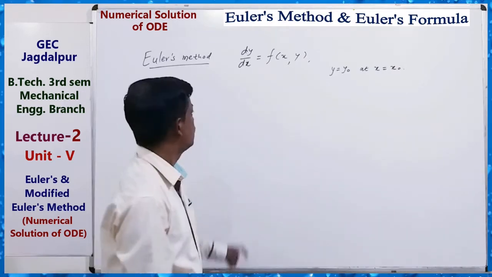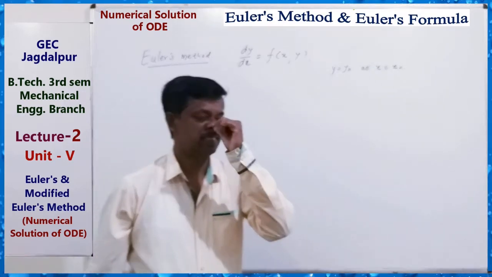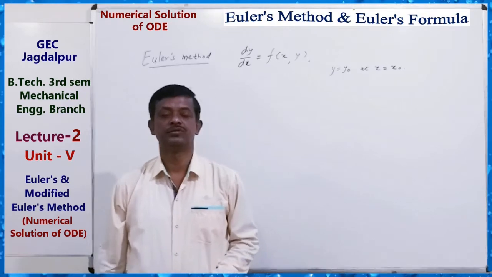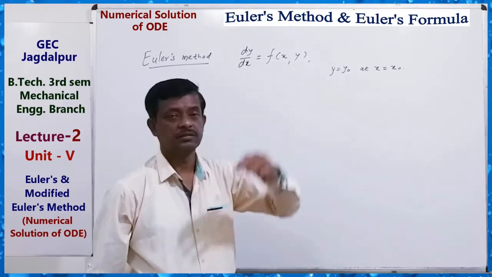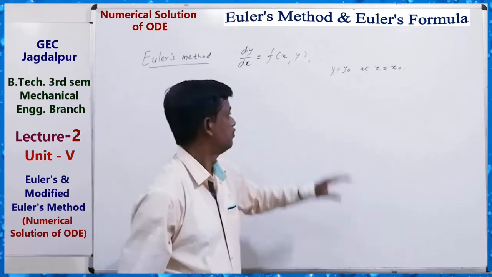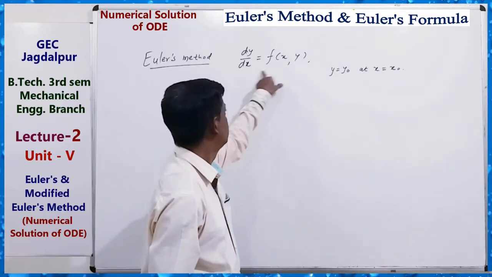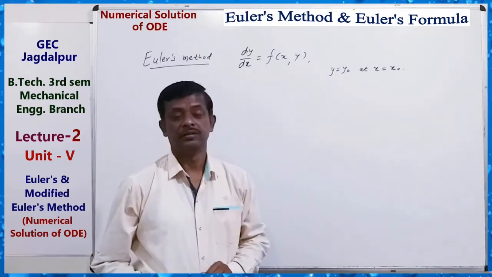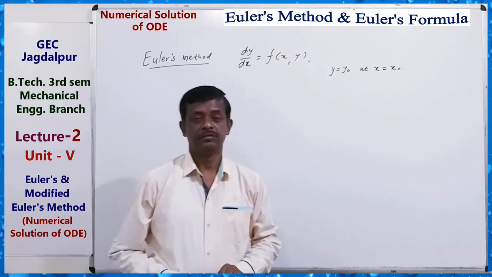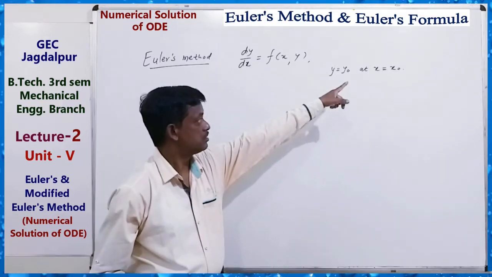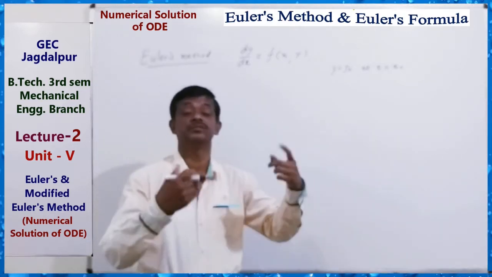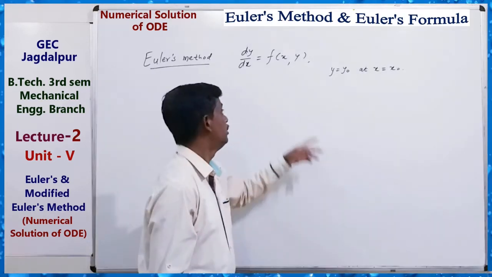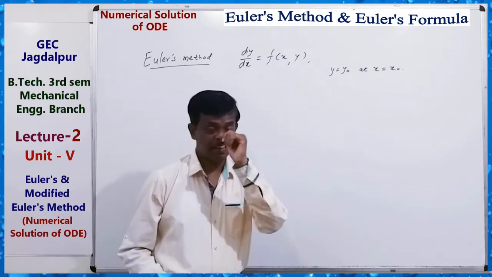We have to find the value of y which will satisfy this initial value problem, given this condition for this differential equation. That means we have to find the value of y by Euler's method.